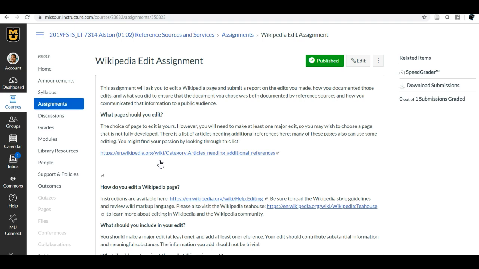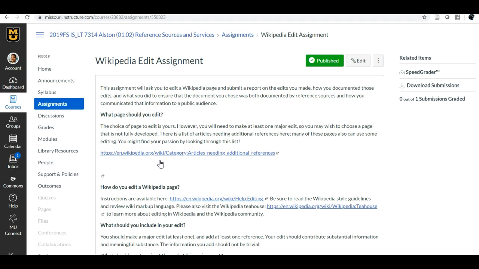This is something that will expand much more broadly, and hopefully there will be people outside of this class and maybe even outside of the state of Missouri who are going to be looking over what you've done to edit your Wikipedia page, and hopefully they will be thankful for what you have done.